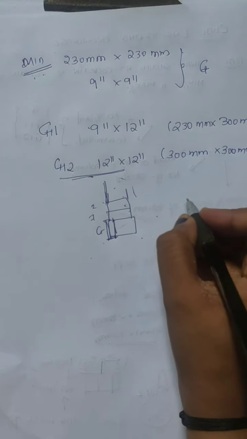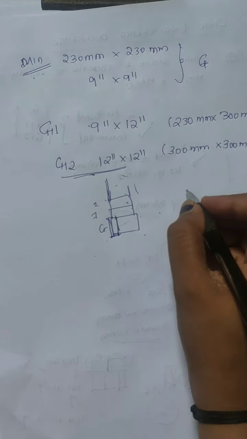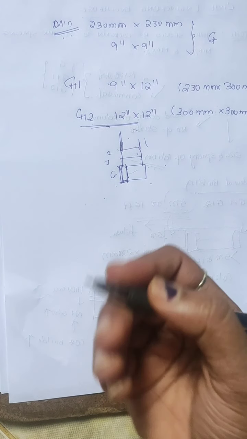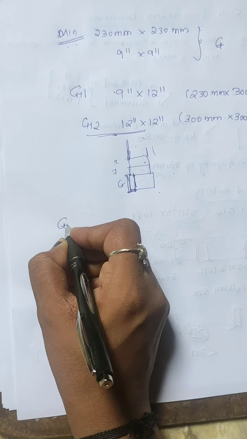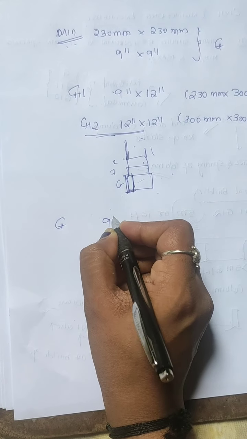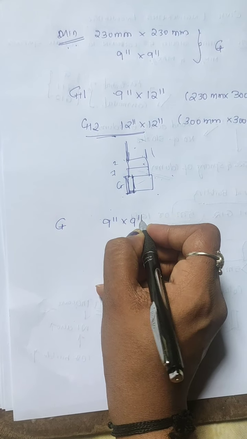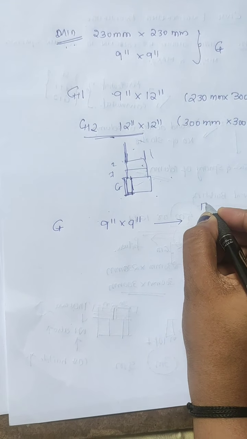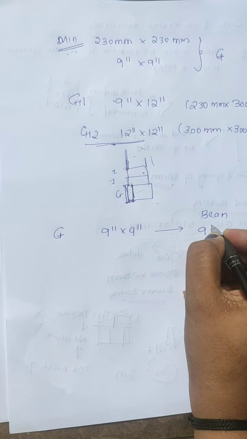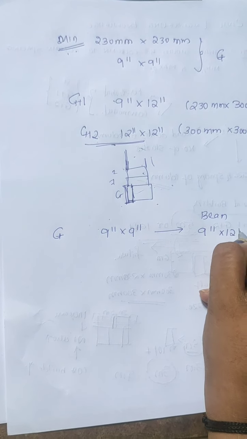And one more. For example, if it is a ground floor and you are using a 9 inch by 9 inch column, you can consider the beam size as 9 inch by 12 inch.